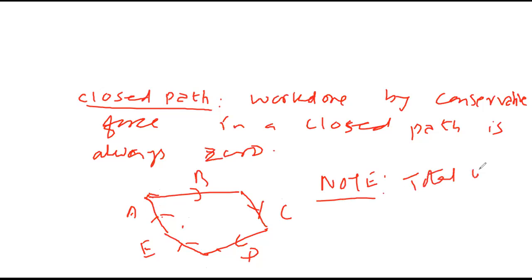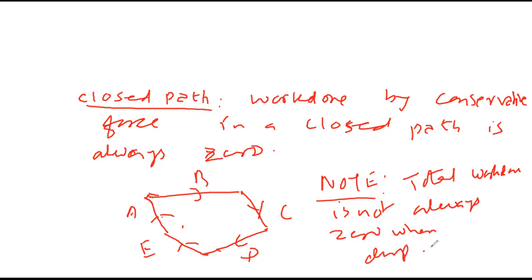So total work done is not always zero when displacement is zero. That I'm showing you how, because we may get confused. A closed path can also mean net displacement zero, therefore work done zero. But here net displacement is zero because the forces are conservative.